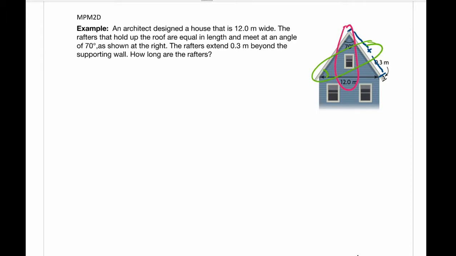If I were to isolate the triangle on its own, again, we know 70 is up here, there should be some more information from our question. The question does tell us that the rafters that hold up the roof are equal in length. So that means that these two sides on our triangle are equal. And if they're equal, then that means this is an isosceles triangle, and I should be able to figure out what my two unknown angles are.